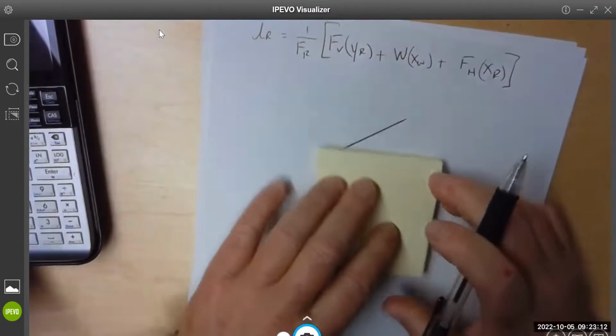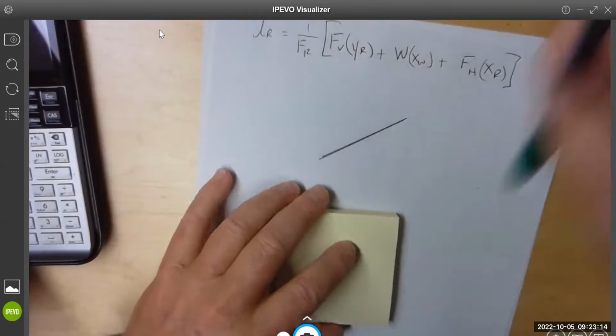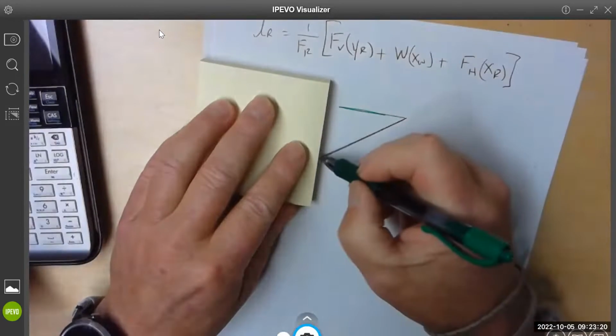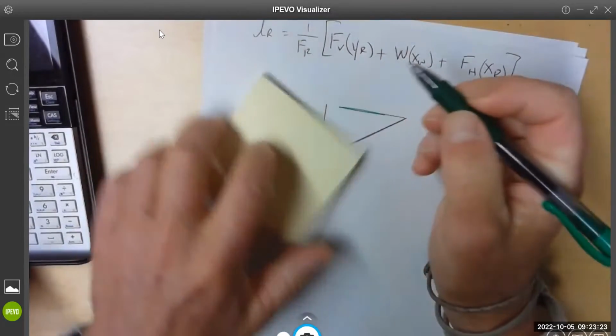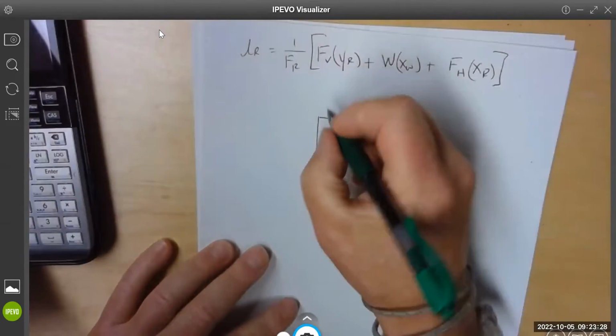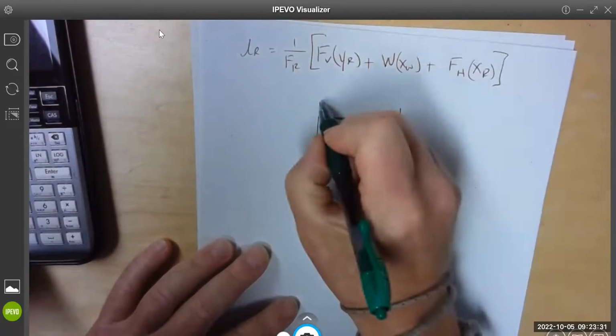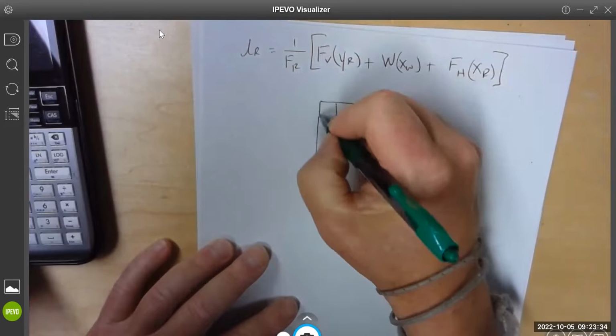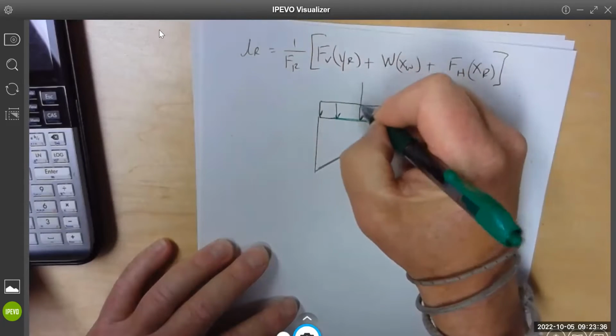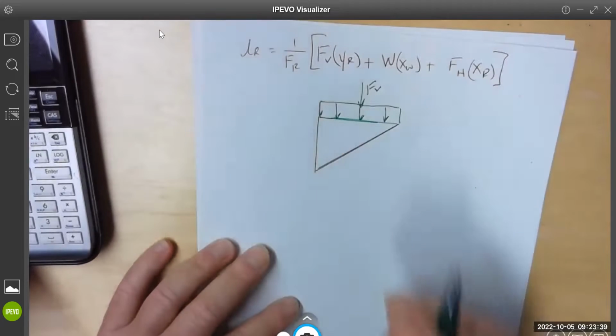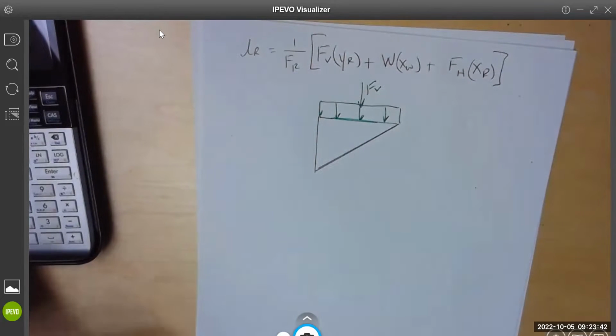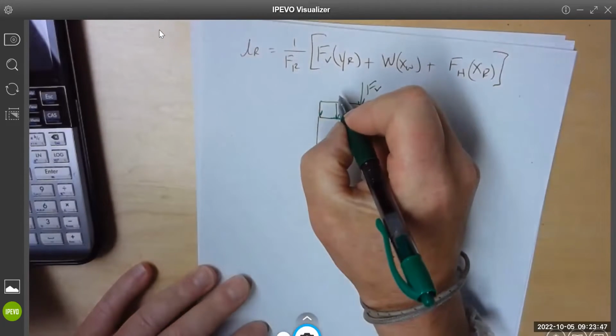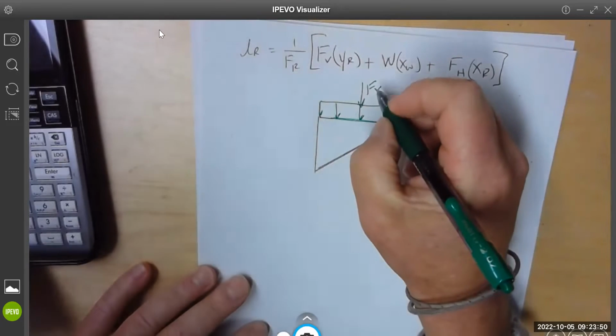So I'm going to try and draw it here. So there's our slope, and then here are our two loads. Here is the vertical, where this is F sub v, and X sub r, what they refer to as, they do call this horizontal.